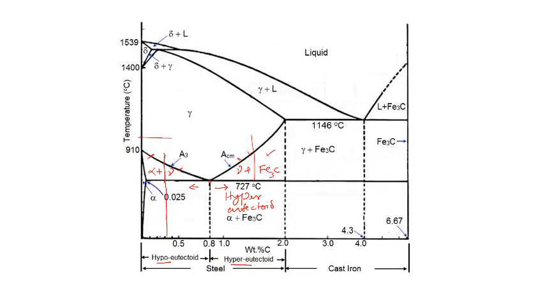So as you cool it down from the austenite region, first of all it will encounter this boundary over here, the A3 boundary. So that is where you expect the alpha phase to form first from the austenite phase. So what is this alpha phase at this particular temperature over here?